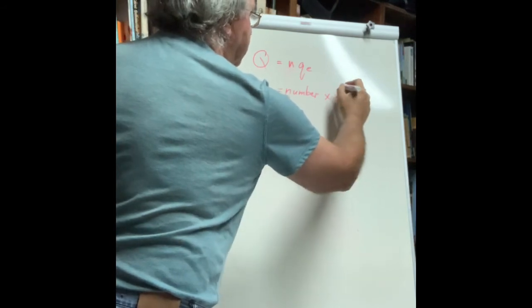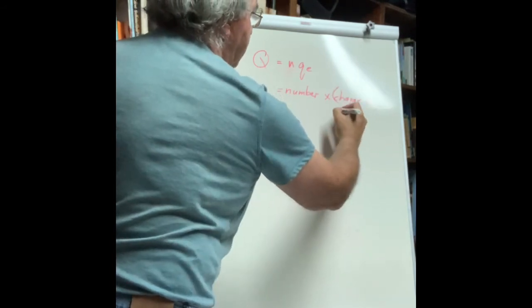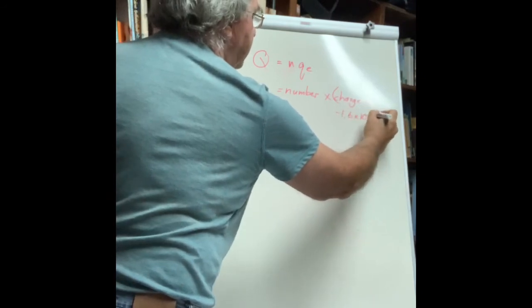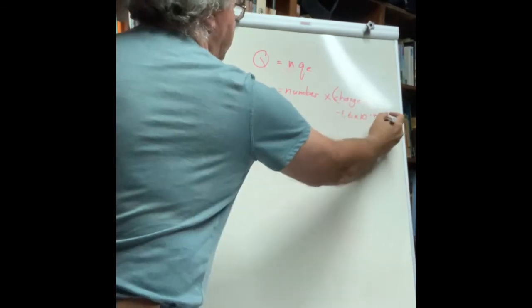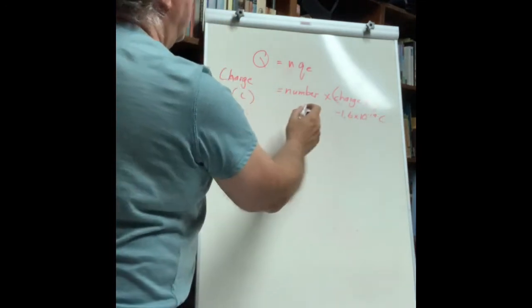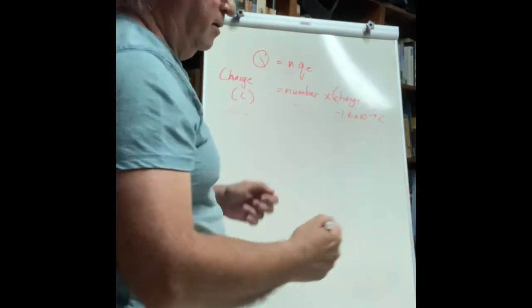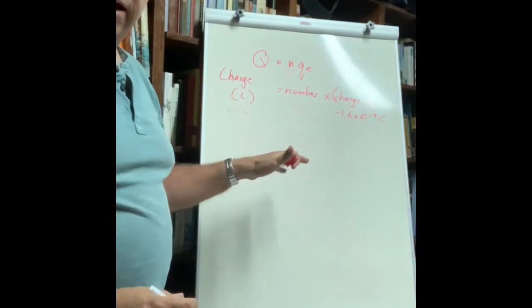Charge of an electron. And we know that is minus 1,6 times 10 to the minus 19. So Coulomb. So if you want to know the total Coulomb, you just determine the number of electrons times the charge per electron.